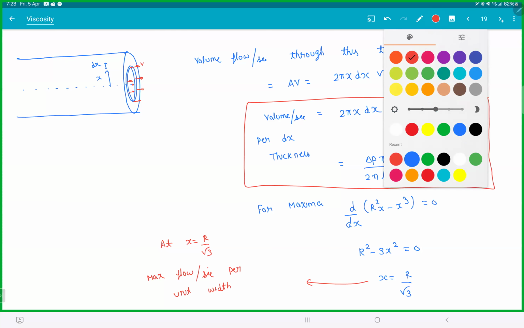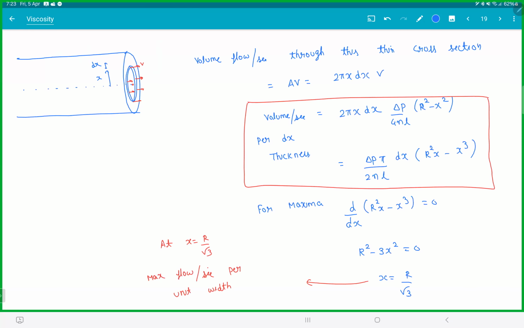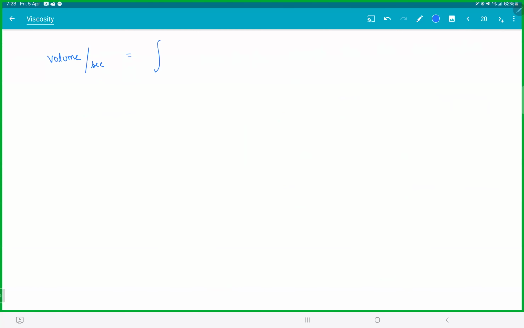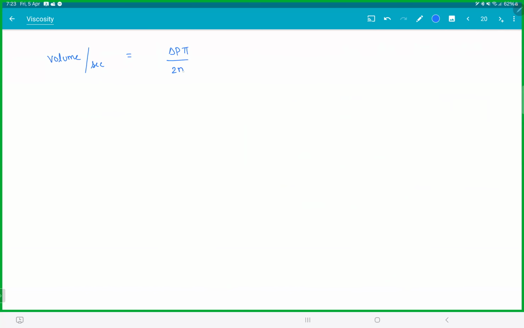Now, if I integrate that term, the total volume flow per second is the integral of delta p pi by 2 eta L times the integral of r square x minus x cube dx, going from 0 to r.